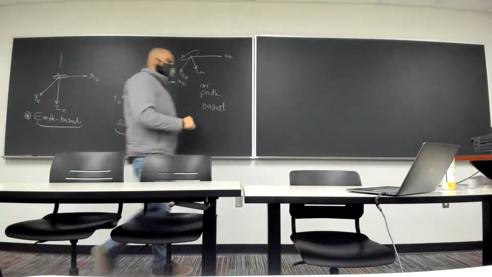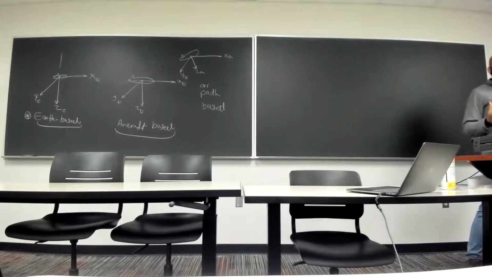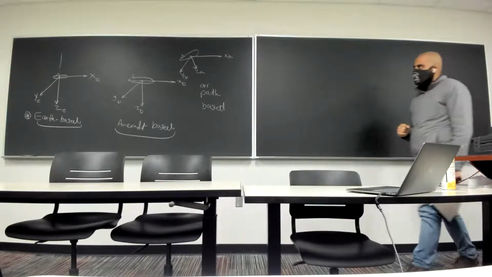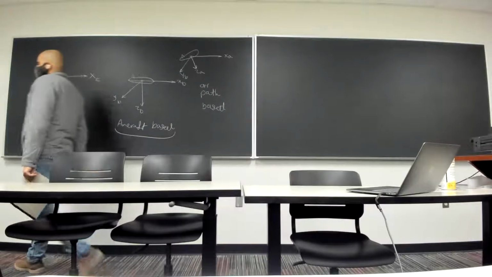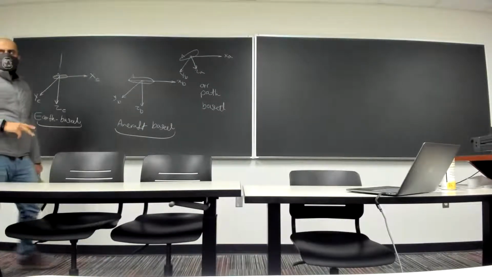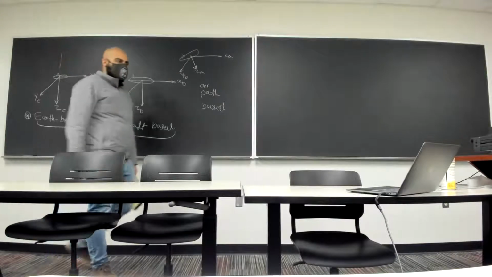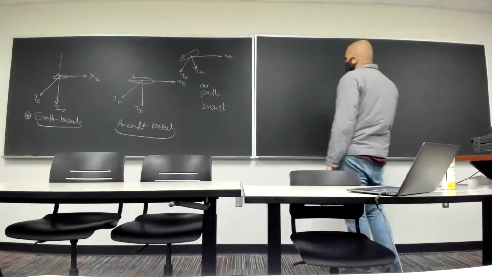So based on these three different coordinate systems, we define 6 different angles, right? The idea was the Earth-based system is your fixed coordinate system, if you will. It doesn't rotate, it doesn't do anything, right? All of the other coordinate systems move, rotate.